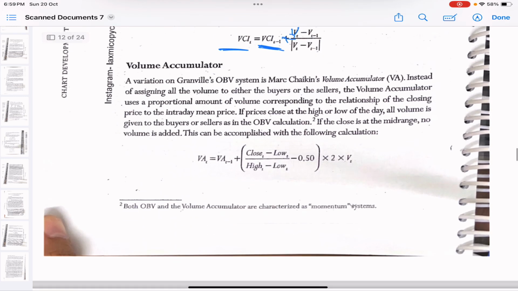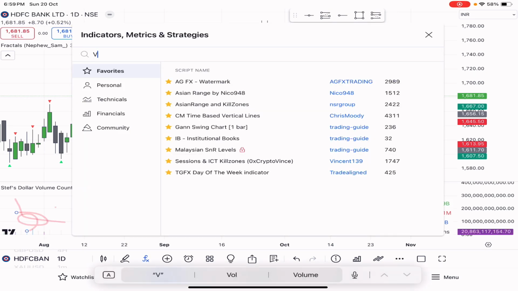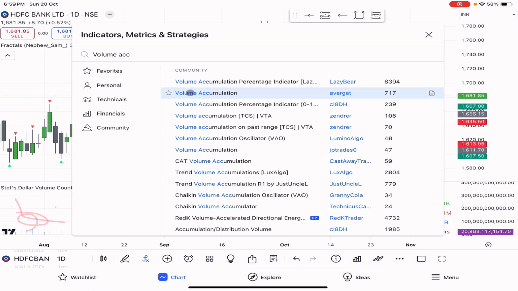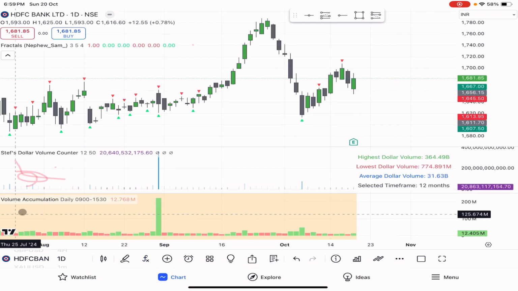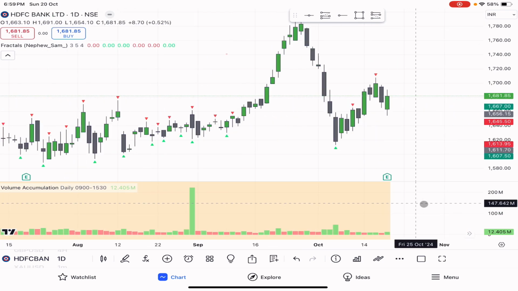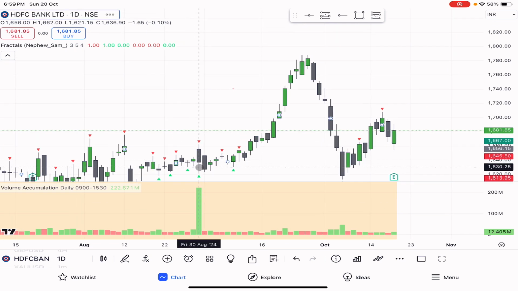Now let's talk about what a volume accumulator is. Let's see if this is available on TradingView. Volume accumulator. We have something like that, but it is not given by the original TradingView. See, this is the volume accumulator. Here you can see the volume was the highest, which means there was an accumulation taken.